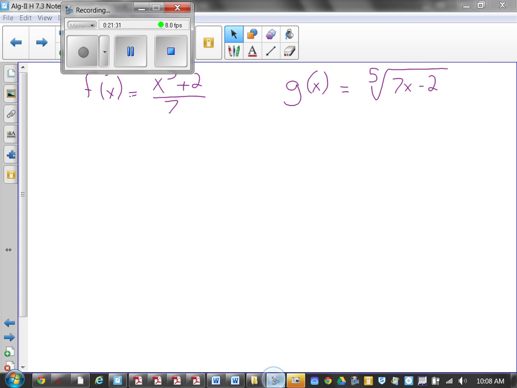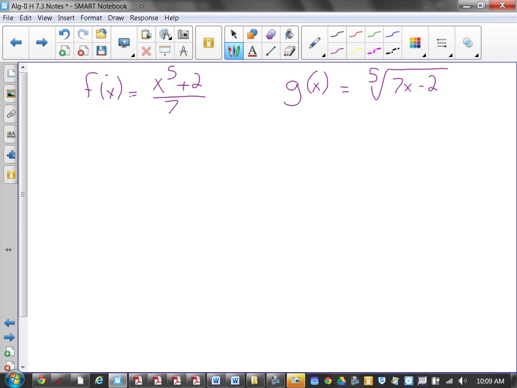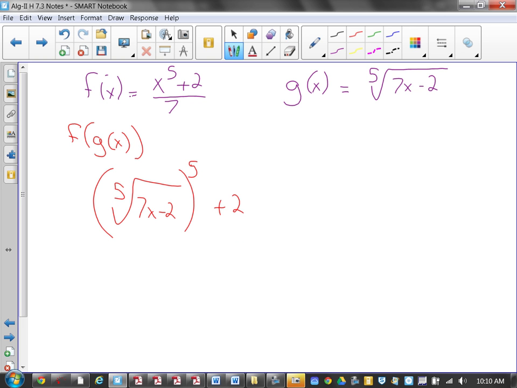Check and see if these guys are inverses. See why I put that one in parentheses? The reason is that the g of x equation has to be to the 5th power.